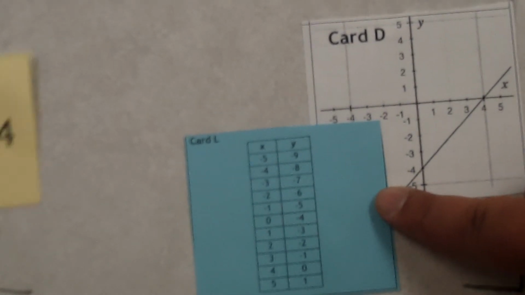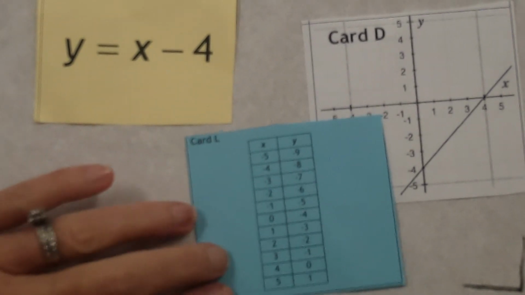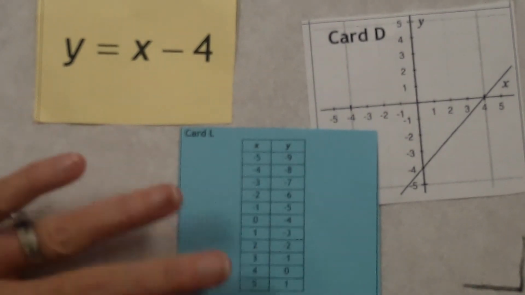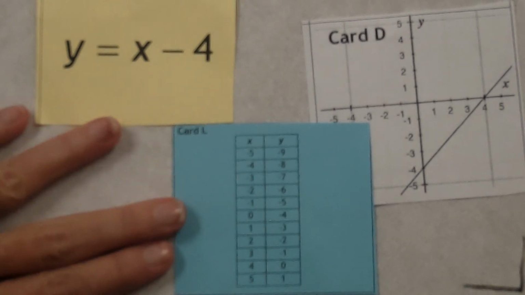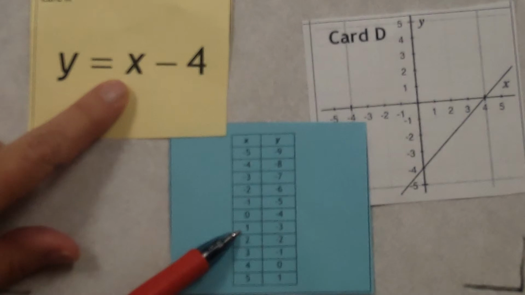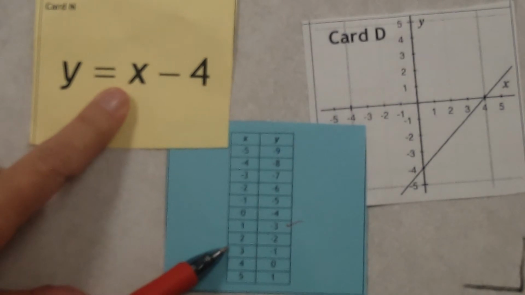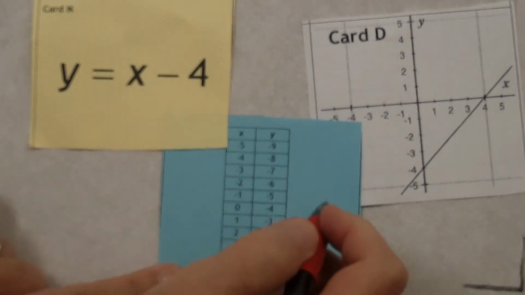All right. I think I've got this one too. It's getting bigger. This was another one that I thought showed a rule of getting larger as you look down the y. And if I put in 1 for x, 1 minus 4 is negative 3. Check. If I put in 2 for x, 2 minus 4 would be negative 2.